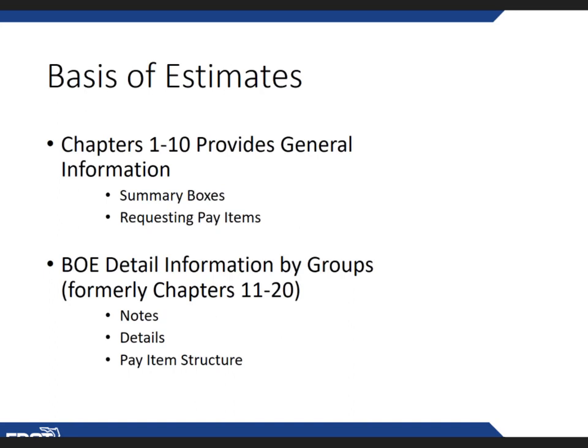As a general overview to the BOE, the first chapters, 1 through 10, provide general information. It has a lot of information about the summary boxes and how to request pay items. We also have detailed information by the pay item group.